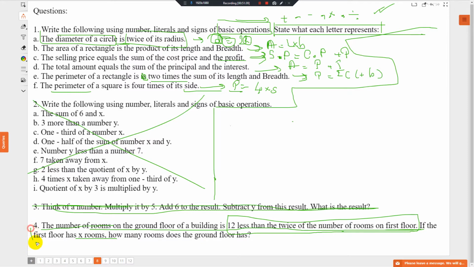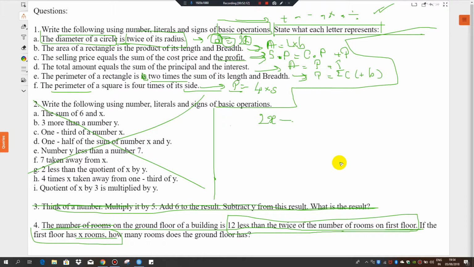If the first floor has x rooms, then twice the number of rooms on the first floor is 2x, minus 12.